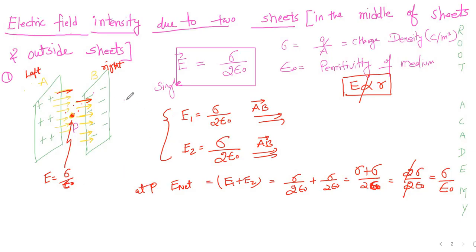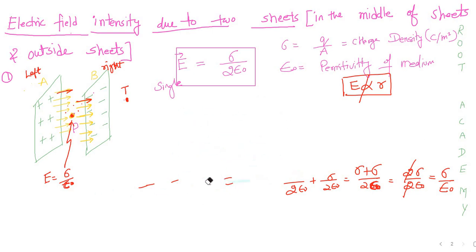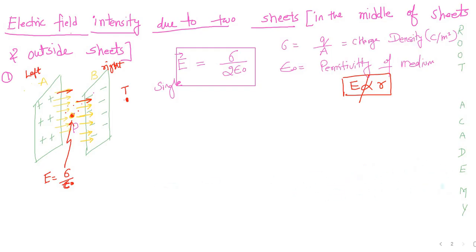Okay. Now we want to know the intensity at the outer point T. So what will be the intensity due to the first sheet at this point? The intensity formula remains the same. It does not matter whether the point is far or near, because due to a sheet, intensity does not depend on distance.